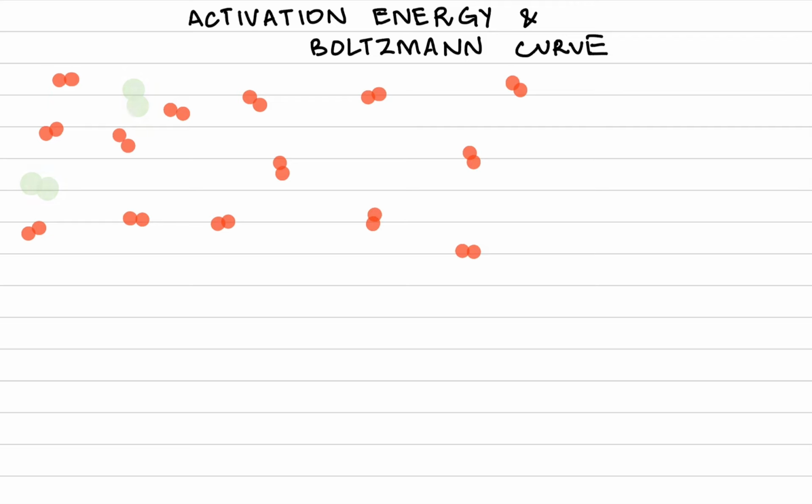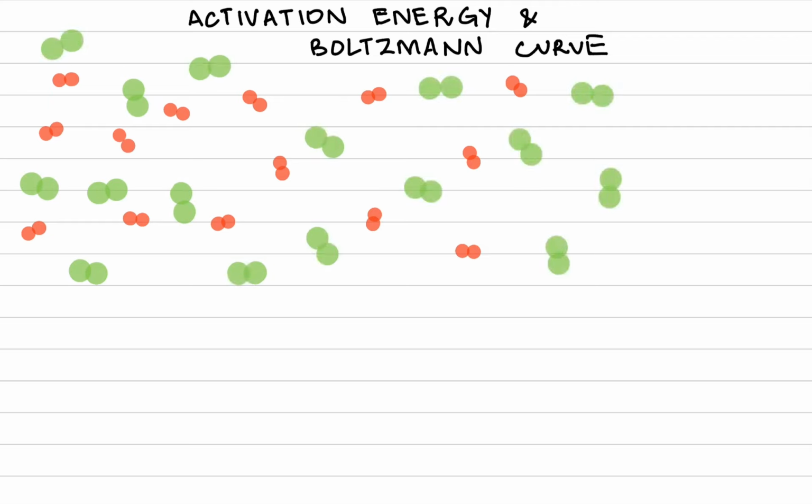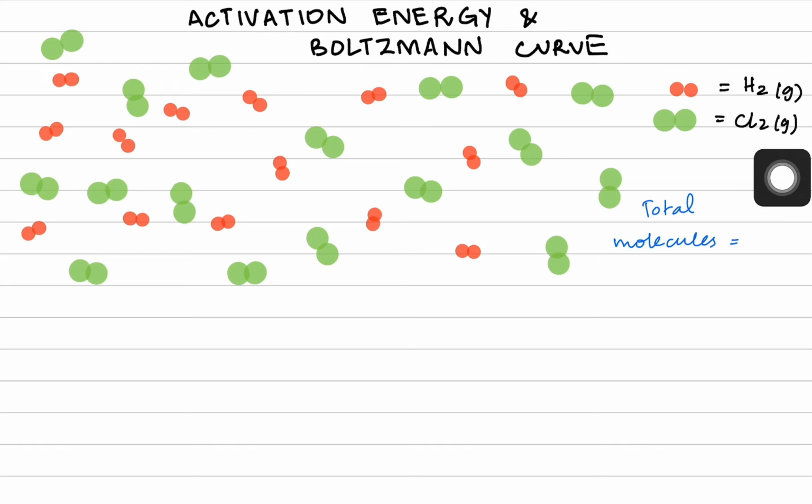Imagine you have 15 molecules of hydrogen and 15 molecules of chlorine. They want to make hydrogen chloride. The red molecule is the hydrogen and the green one is chlorine. How many molecules do we have in total? So that is going to be 30.